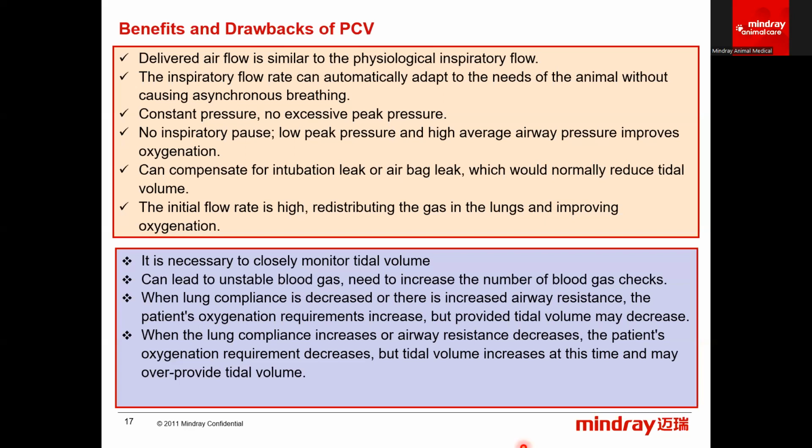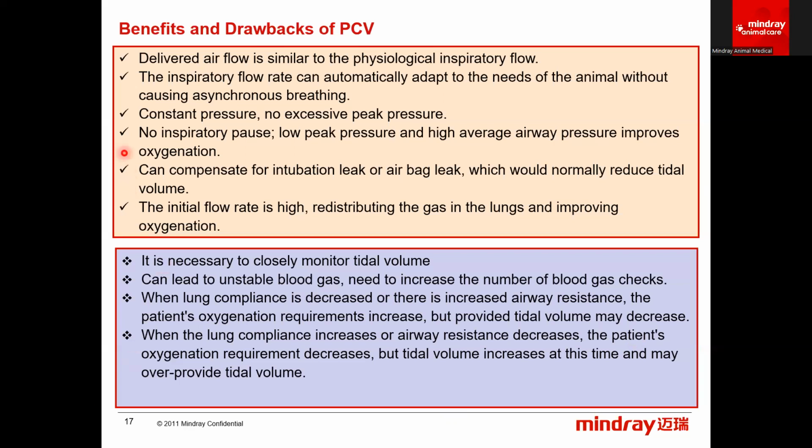With pressure control ventilation, the machine is going to deliver air at a rate that it needs to in order to reach that airway pressure. So in this case, it can compensate for a leak in the system. Normally it would reduce tidal volume, but since our goal is pressure, it's just going to keep delivering until we reach that pressure.